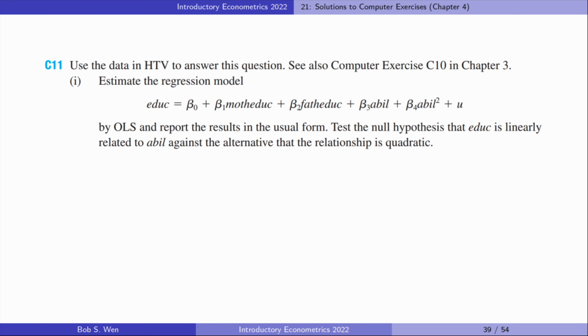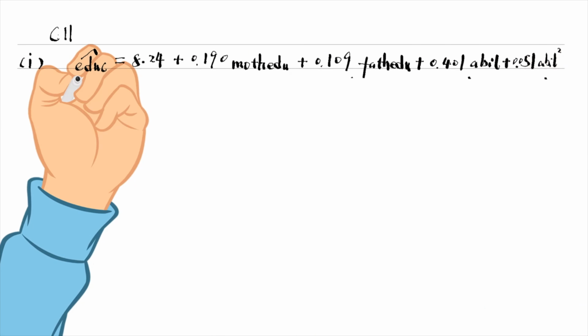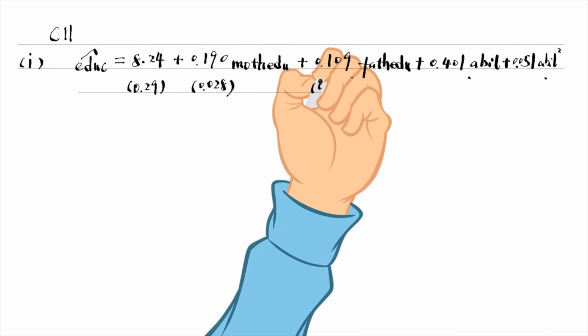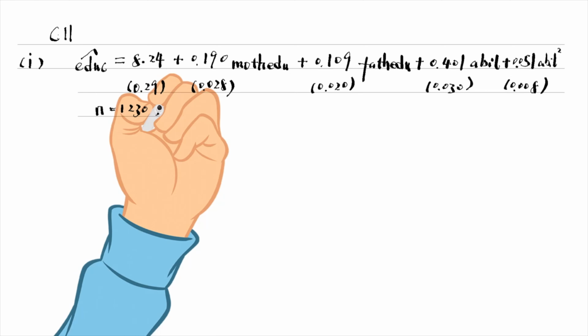Let's find solutions to computer exercise number 11. In the first part, we regress education on parents' education and the measure of cognitive ability and its quadratic by OLS. The estimated equation is as follows.